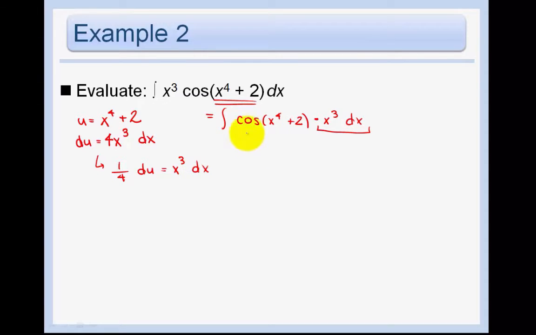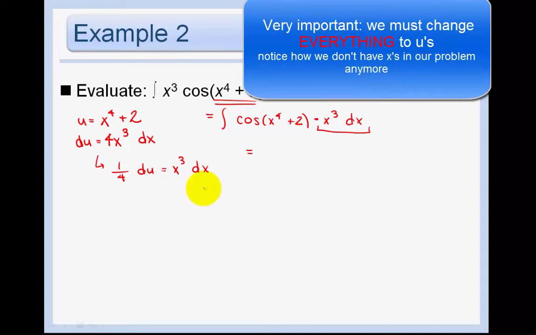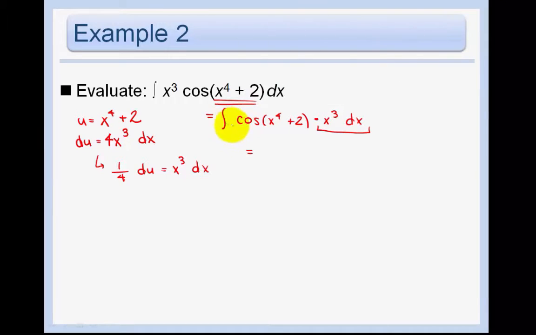And so now we can substitute in all the x's. We want to substitute u's. So we can't just substitute some u's and have some x's. No, we want to change all the x's to u's. So we get the antiderivative of cosine, that's just u, times, and this thing here we said was 1/4 du.